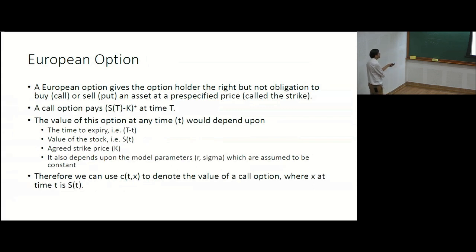And what we want to find is the value of this option at any point of time t, right? So this we know will depend upon the time to expiry, which is capital T minus t. It will depend upon the value of the stock at that particular point of time. It will depend upon the strike price that you've agreed on. And it would depend upon the model parameters, that is r and sigma, right?